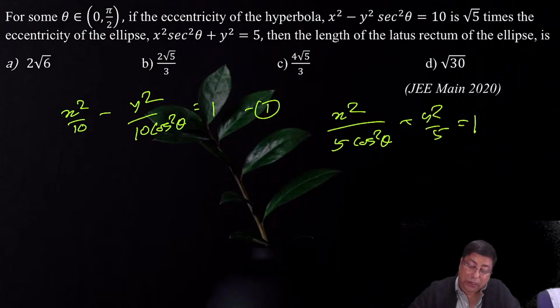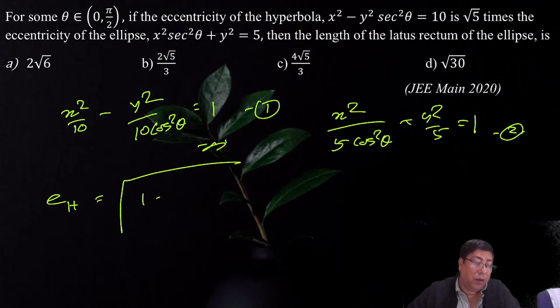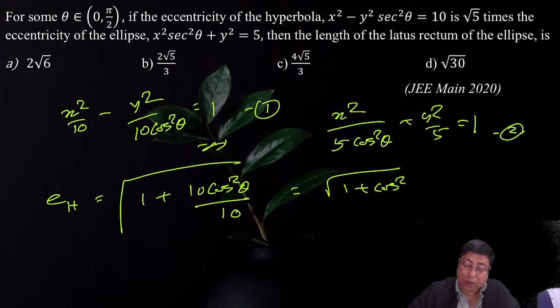So eccentricity is the number 1, this is the number 2. So eccentricity of the hyperbola is root over 1 plus b square by a square, so 10 cos square theta by 10. So root over 1 plus cos square theta.